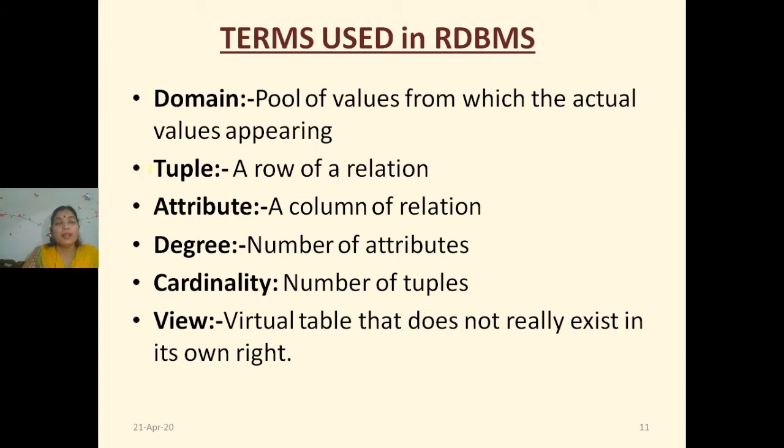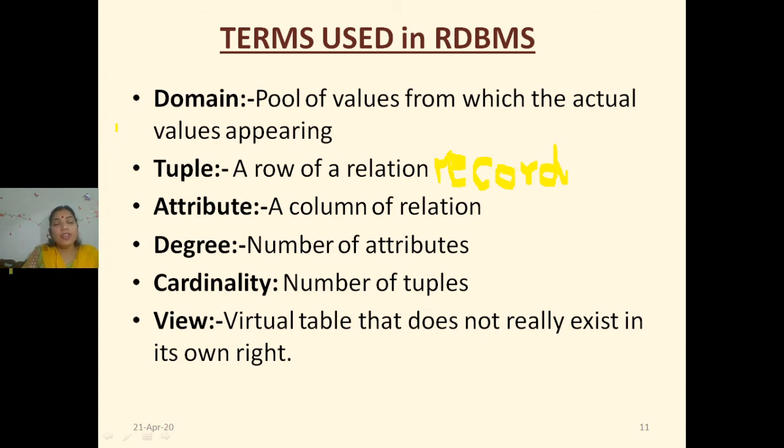Tuple. Yes, tuple means any row or record in a relation. So this tuple is a row or record. Remember, there are three names for a tuple in a database. It is tuple or record or a row. Fine. Next is attribute. Attributes are also the columns of any database table.